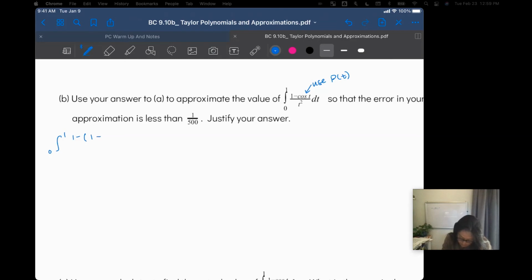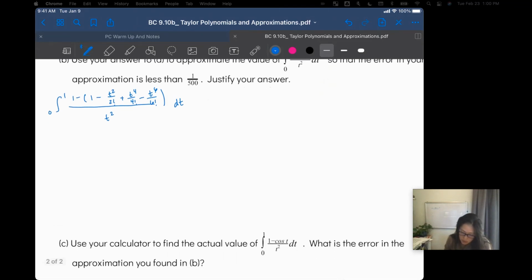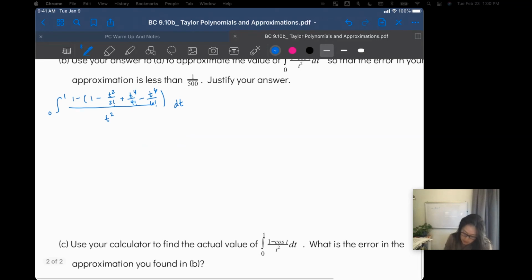1 minus t squared over 2 factorial plus t to the 4th over 4 factorial minus t to the 6th over 6 factorial. Okay, and I had to use a very specific number because, you know, I planned it that way. So I'm going to go ahead and subtract this 1 minus 1, and I'm going to also change all my signs.